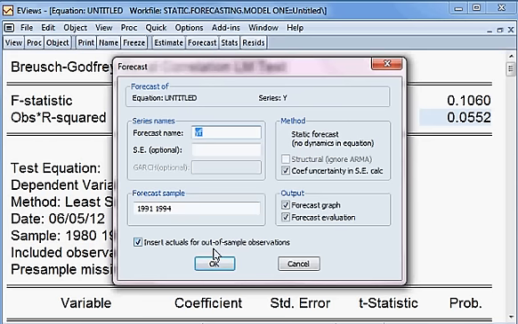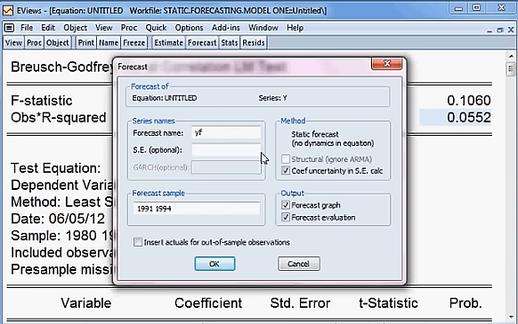Here I deselect it. This one is our model.